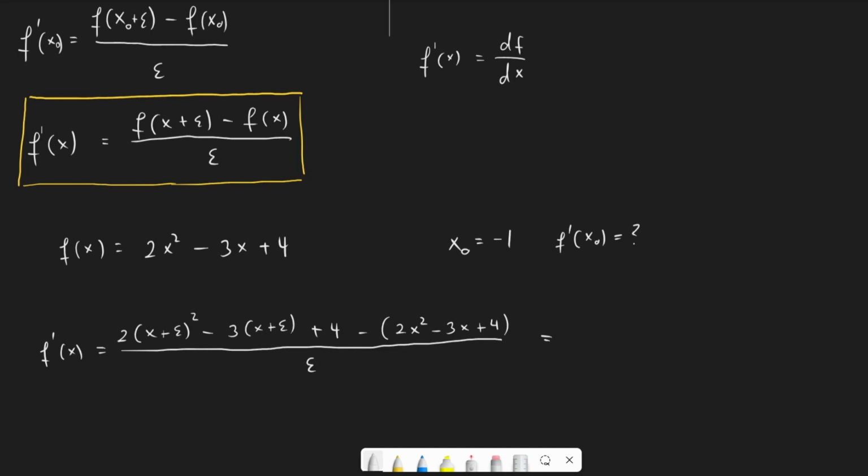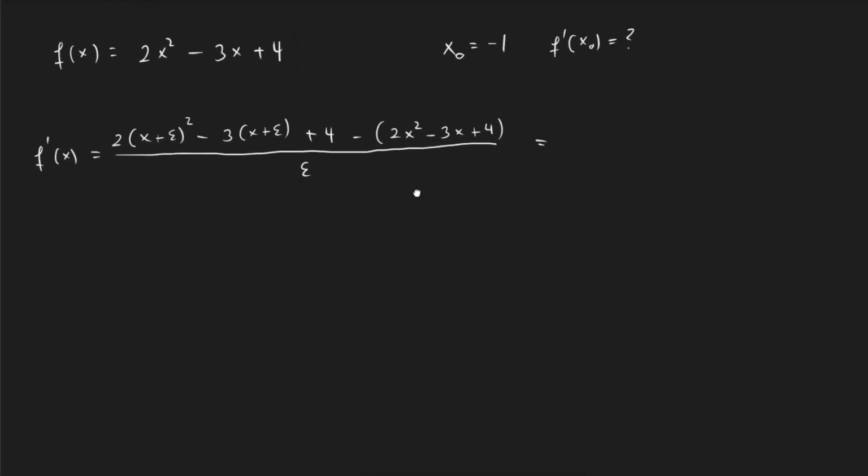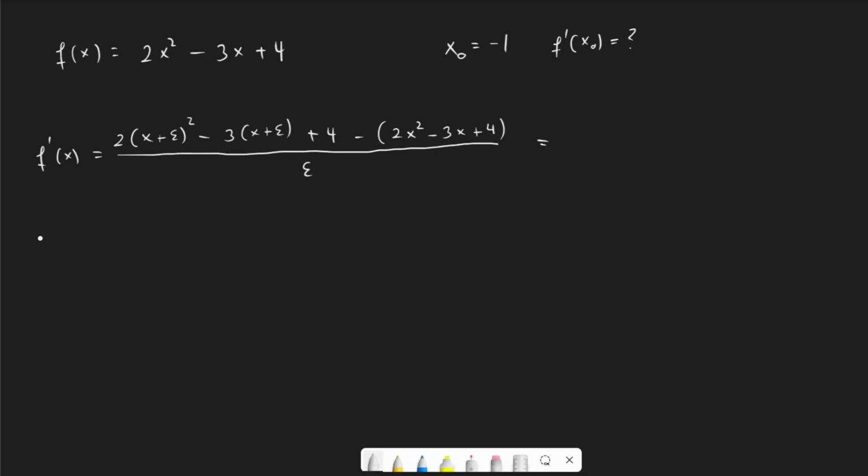So let's see what this fraction gives us. Here you can see that we have a square of a sum, so (a plus b) squared, which is a squared plus 2ab plus b squared.